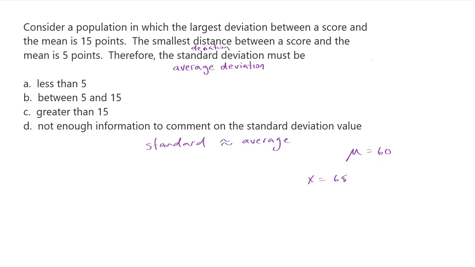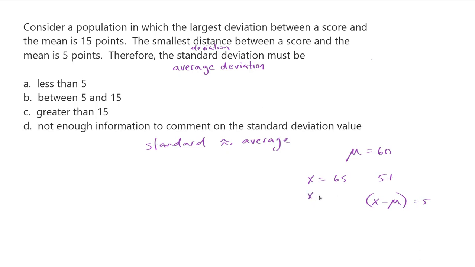Well, how different is your score from the mean? You are 5 ahead of the mean. You're 5 points above the mean. This would be your deviation. If you were to find the deviation, x minus the mean, and this is how we show a deviation, the deviation between your score and the mean, so the difference between 65 and 60 equals 5.